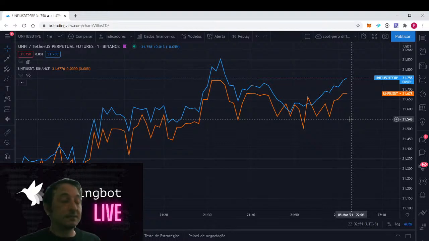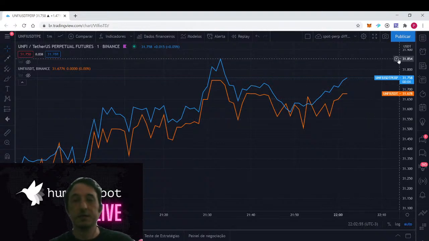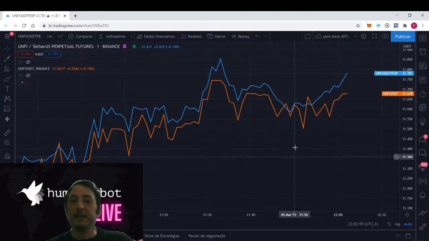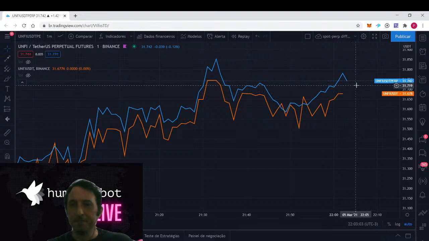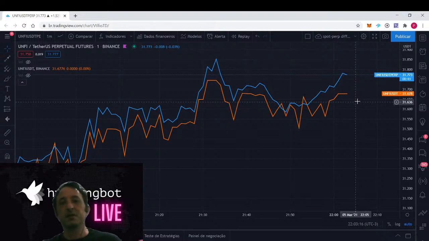Over time, the tendency for the price in both markets is to converge. As you can see live here, there is a big difference between them. So the base of the strategy is that when there is a big enough difference between these prices, there is an opportunity where you can do opposing trades on each of them.